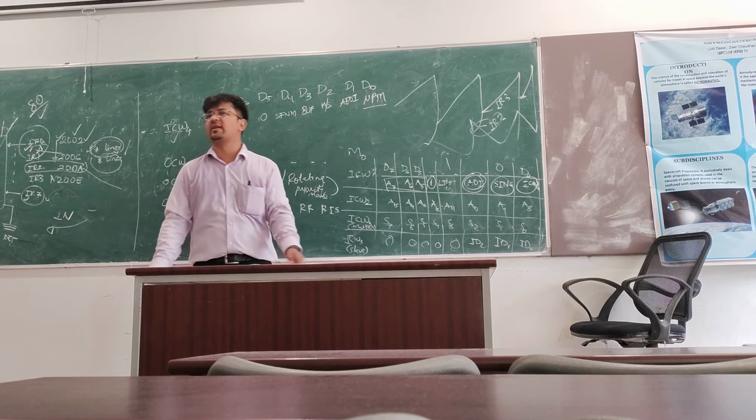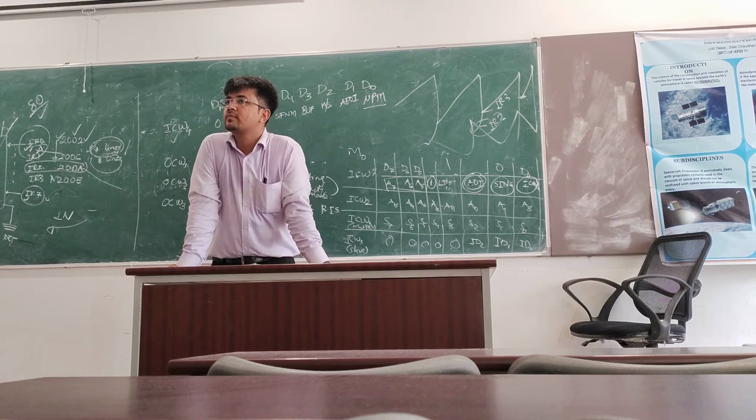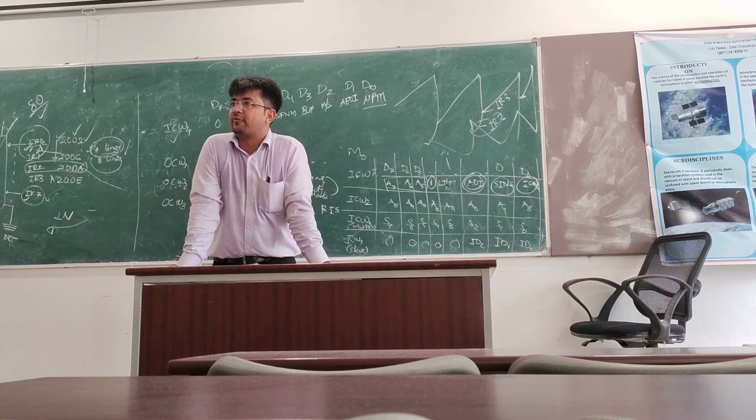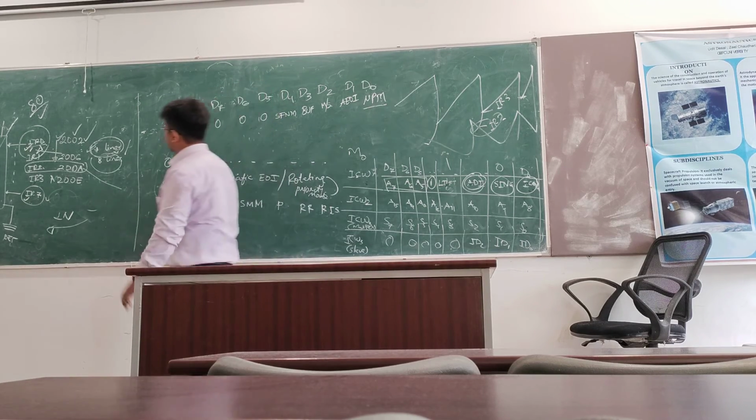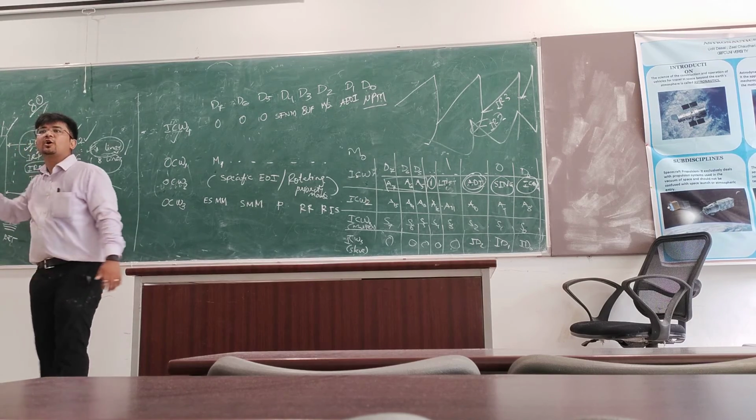What is this? A7, A6, A5. एड्रेस. This is for initializing interrupts. Interrupts कितने आपके? 8. Input कितने? 3.